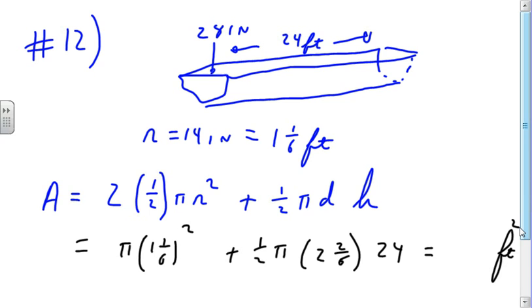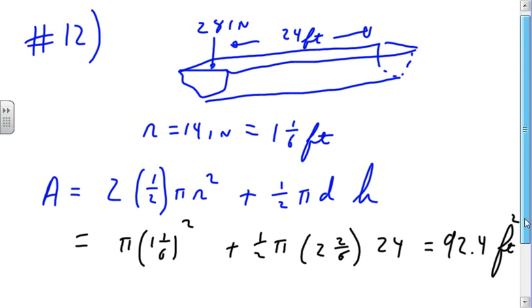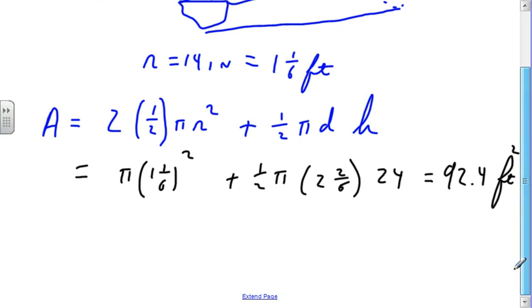I'm going to hit the enter button, and then I'm going to go times pi, because everything is times pi. And then I'm going to go third function and change the fraction to a decimal. And I'm going to get 29.2 feet squared. So that's the area.